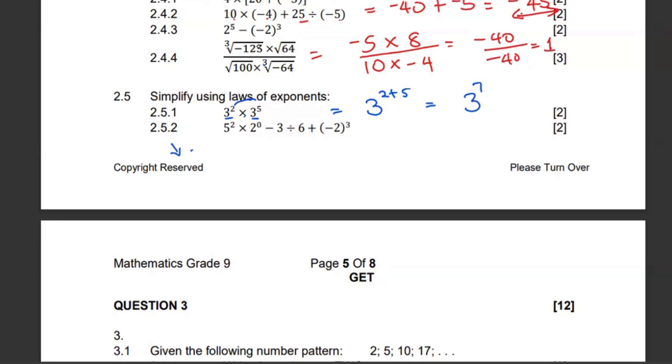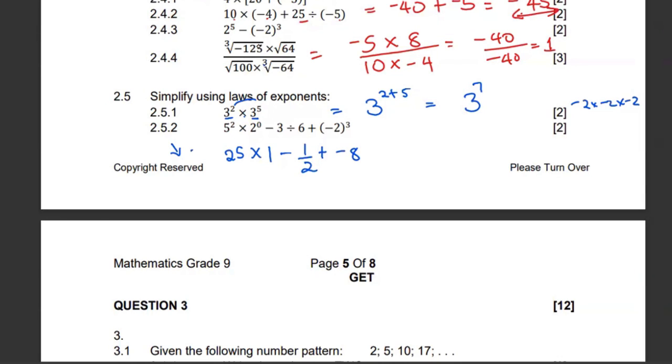Then 2.5.2, we know that 5 squared is going to be a 25. Anything to the exponent of 0 will be a 1. I'm subtracting 3 divided by 6 will be a half. And then plus -2 cubed is -2 times -2 times -2, which gives us -8.